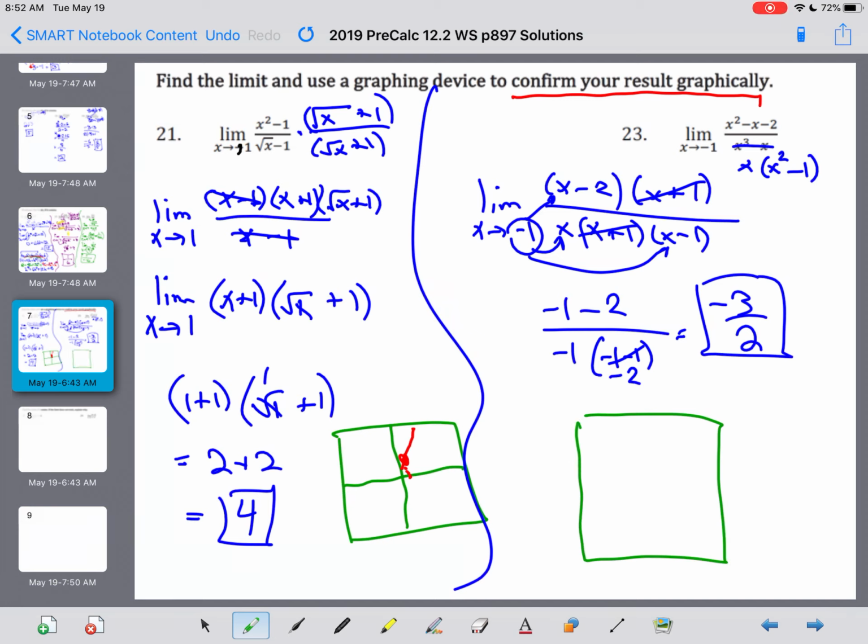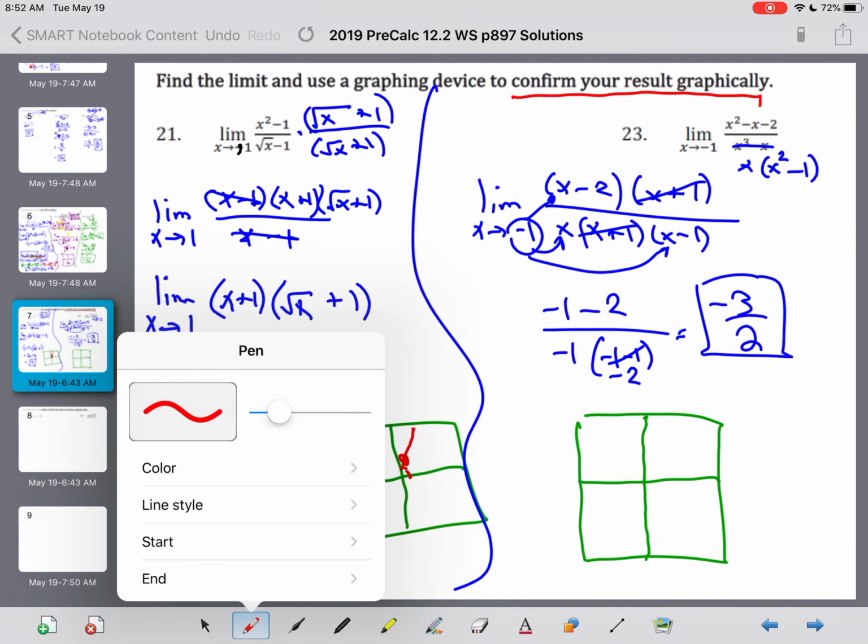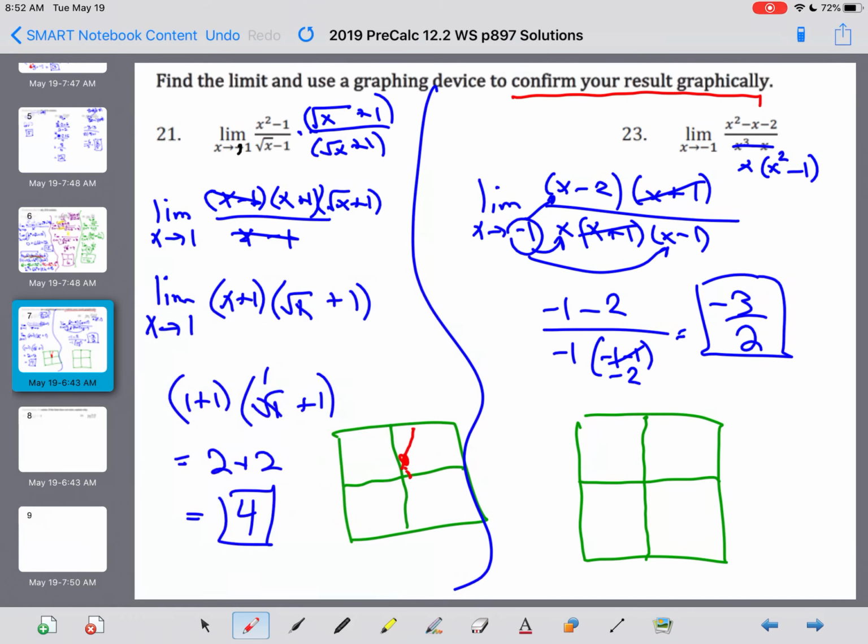We're looking here at -1, so here are my axes. And again, looking around, -1 is really all we're interested in, is we got this thing going on. And it looks like at -1, we are in the ballpark of that value here. So when we confirm our result graphically, we're in pretty good shape.